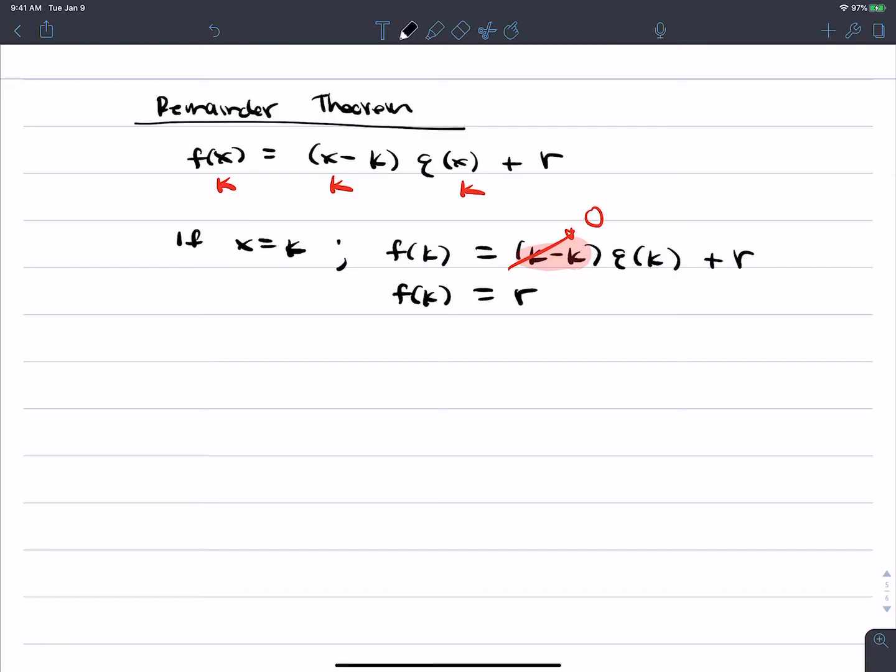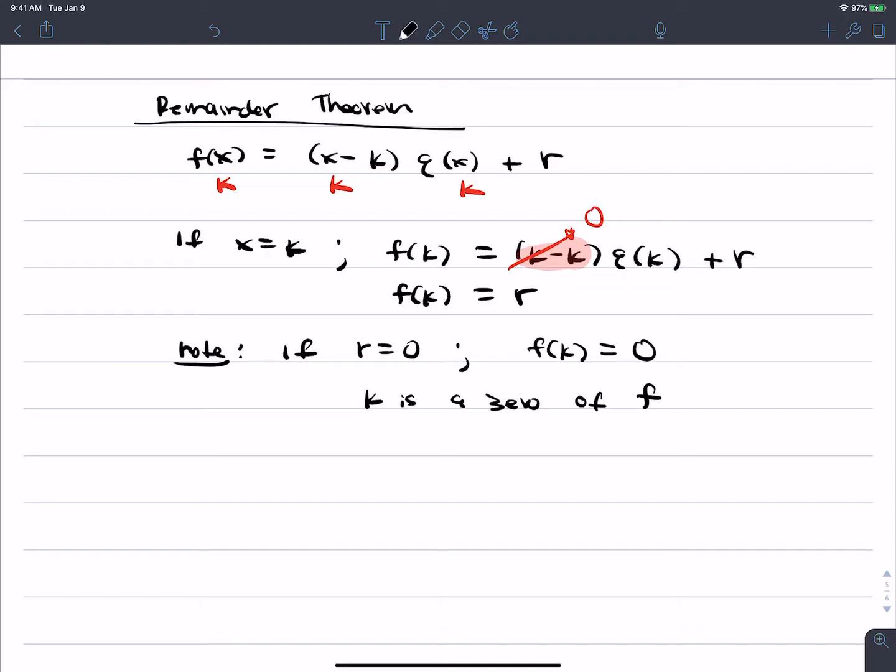And so here's what they're going to say, and here's what we want to notice here. If the remainder here is 0, then we know that f of k equals 0. And let's recall what this means. This means then k is a 0 of the function f.